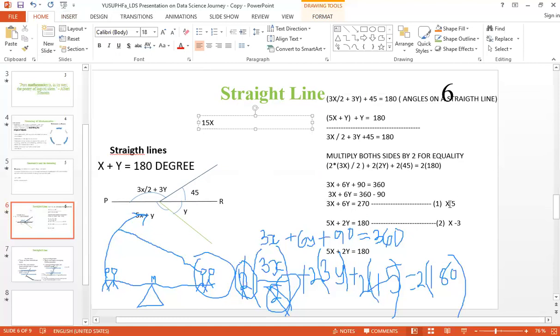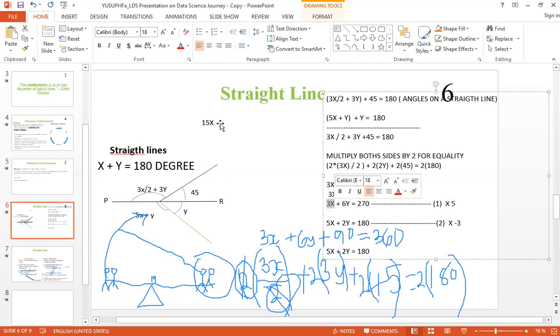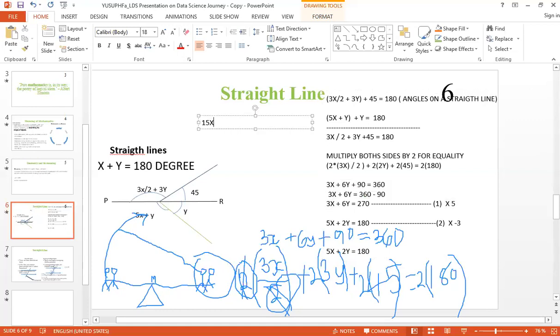You take this 5 and use it to multiply this, and we have 15x. Plus, take this 5 again and use it to multiply this: 5 times 6y, that's 30y. And that equals, you take this 5 again and use it to multiply this 270.